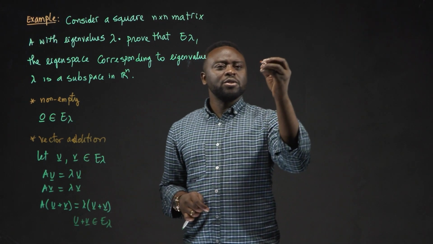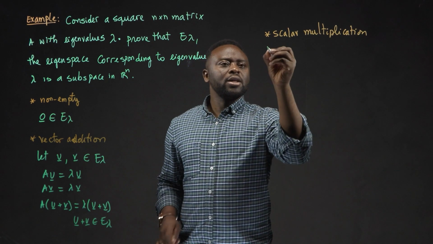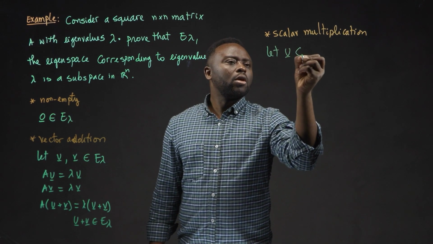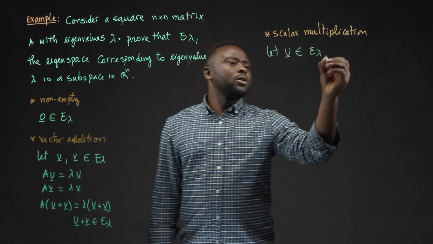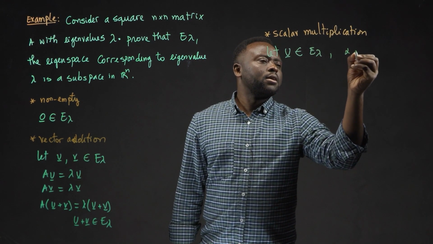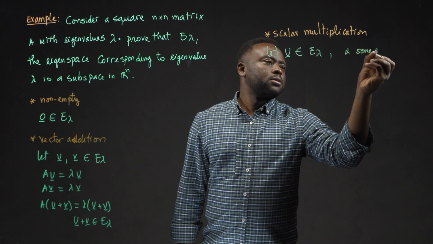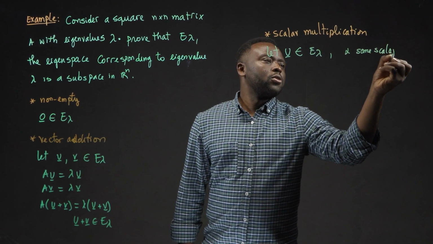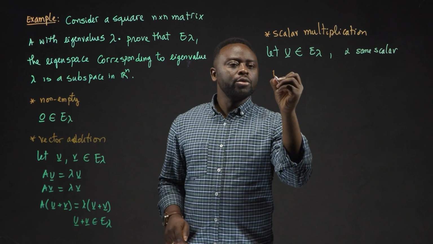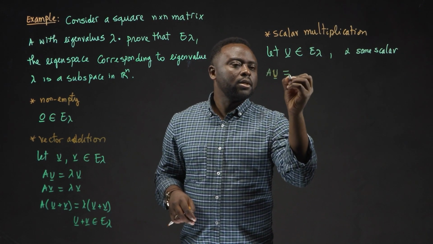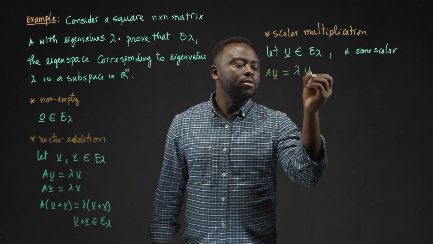Now for the scalar multiplication, okay, we let u also belong to the eigenspace E lambda, and we take some scalar alpha. Then by definition, A times u is equal to lambda u.